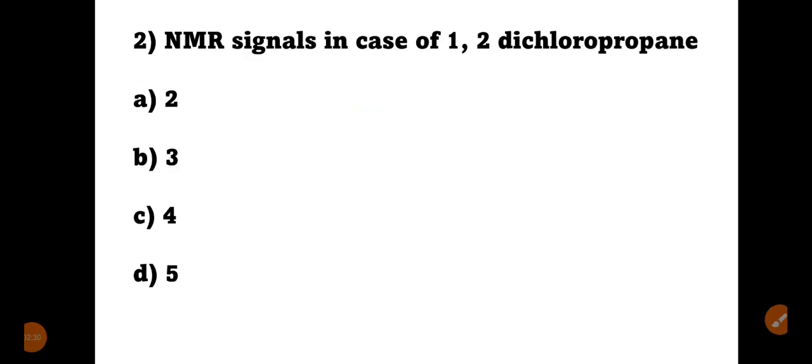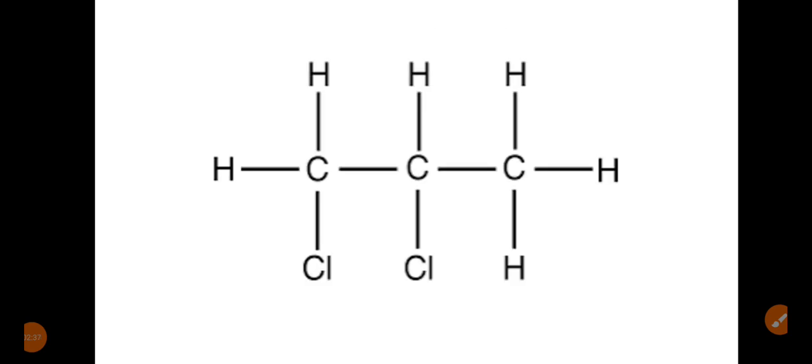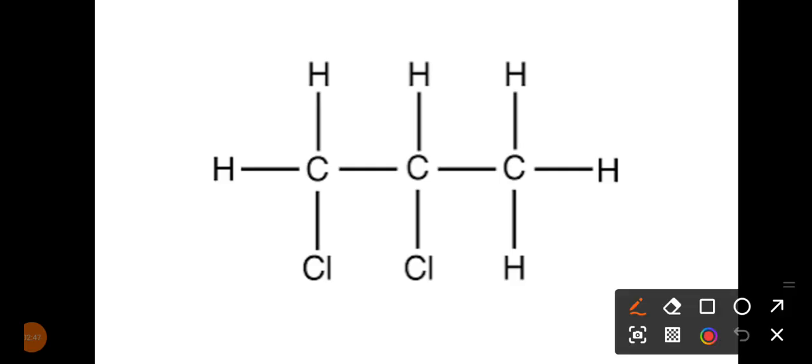The next question: NMR signals in the case of 1,2-dichloropropane. So what is the structure of 1,2-dichloropropane? That is the structure of 1,2-dichloropropane. Here also a similar situation: chlorine is there, so that is an electronegative group. These 3 protons of CH3 give a single peak, meaning one signal.